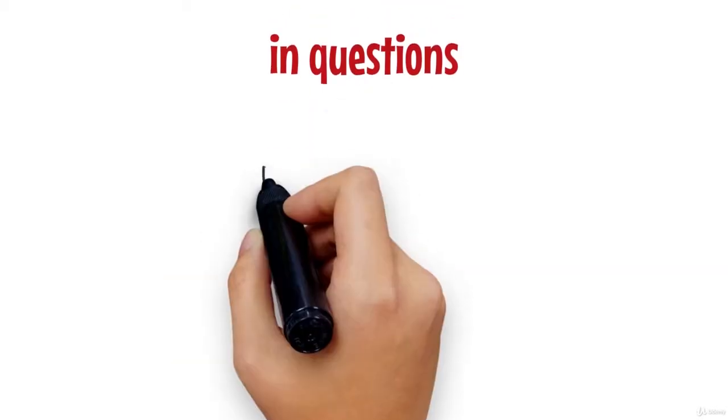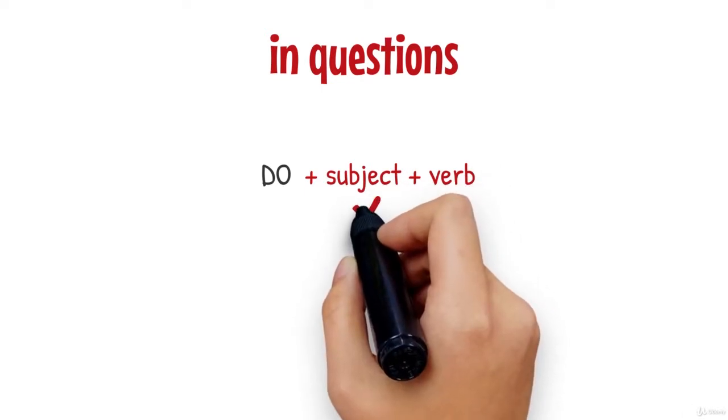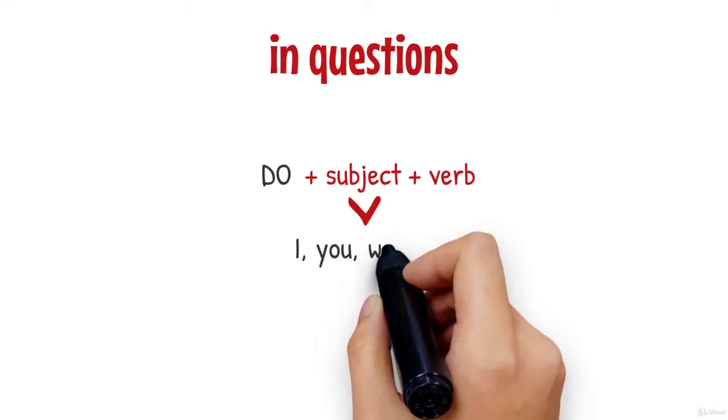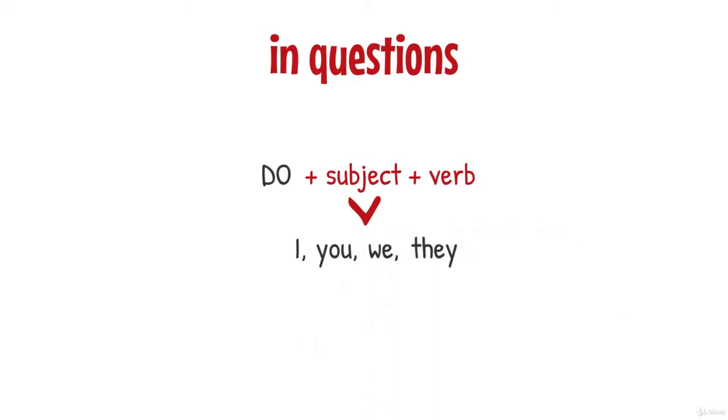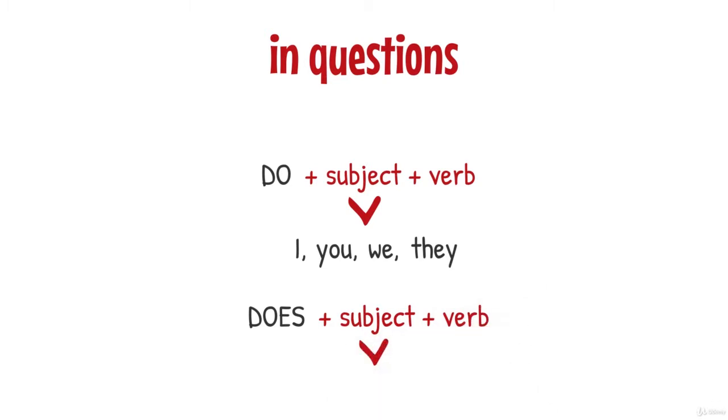In questions, we put auxiliary verb do before the subject if the subject is I, you, we, they, and we put does if the subject is he, she, it, and we drop s from the verb.